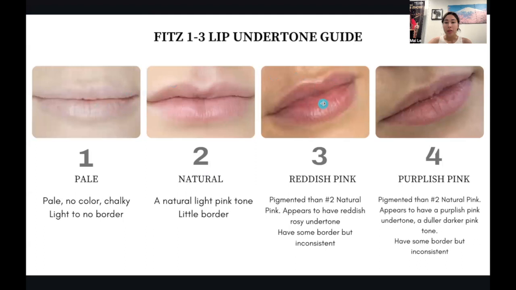On people who already have pigment on their lips, you need to increase the intensity of your color, so that when the color is healed, it's going to show. Because if you applied a really light color on this lip, it's not going to show because it's already pigmented.